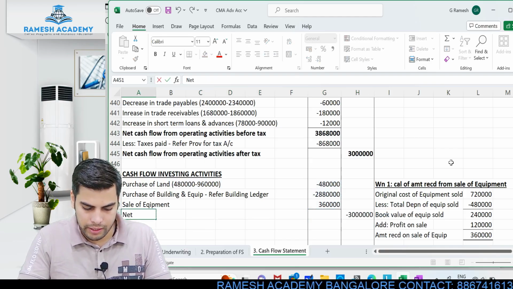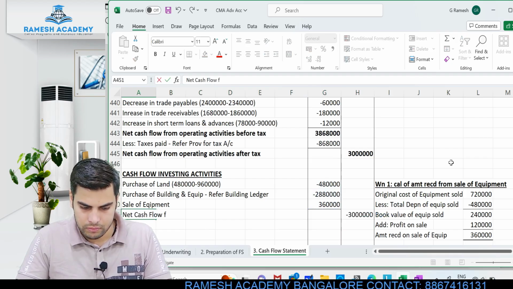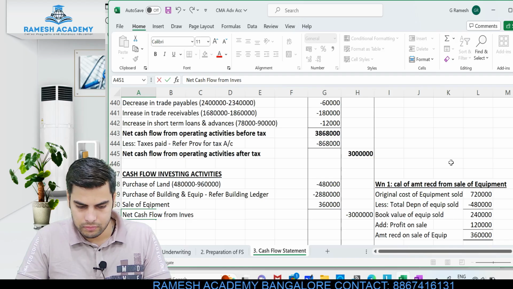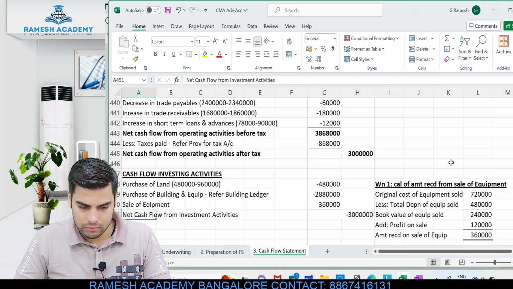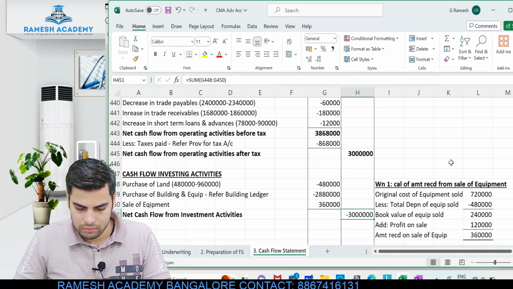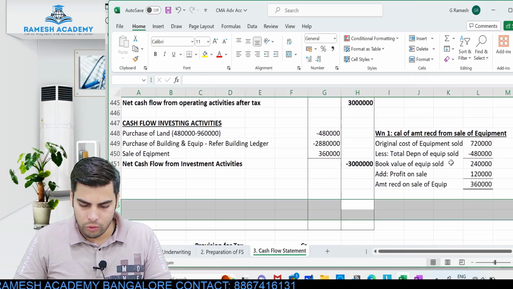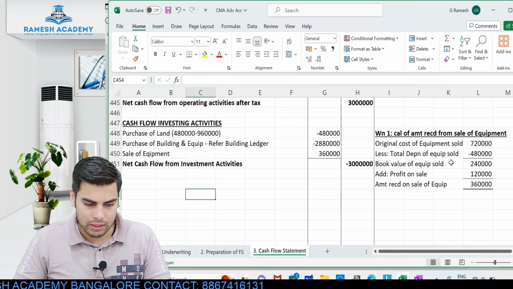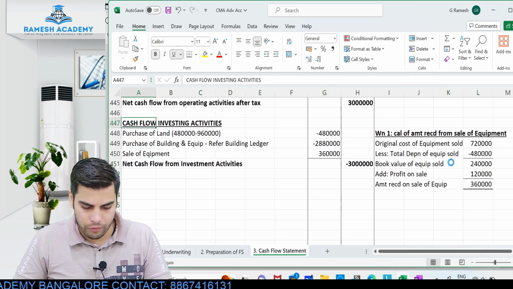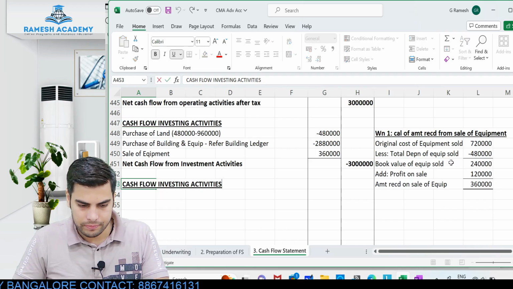This would be the net cash flow from investment activities. Is this clear? Okay, now the only thing which is left over is what? Financing activity, right? So let's just write this cash flow from financing activities.